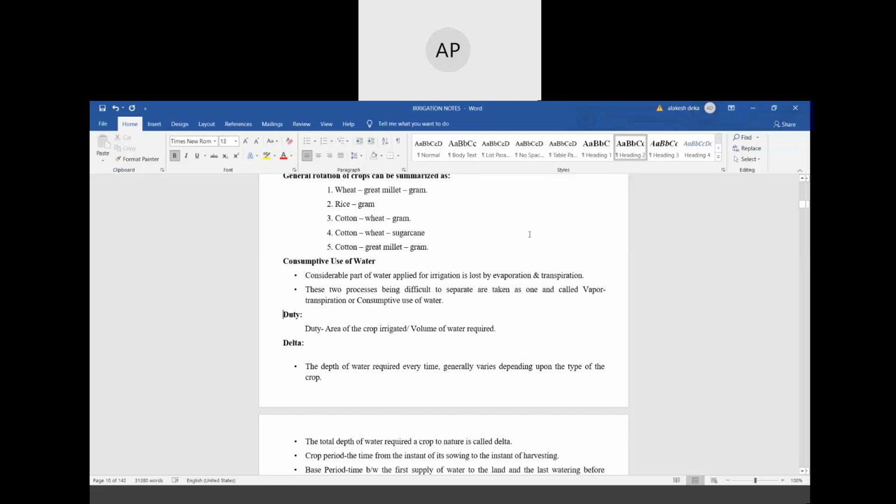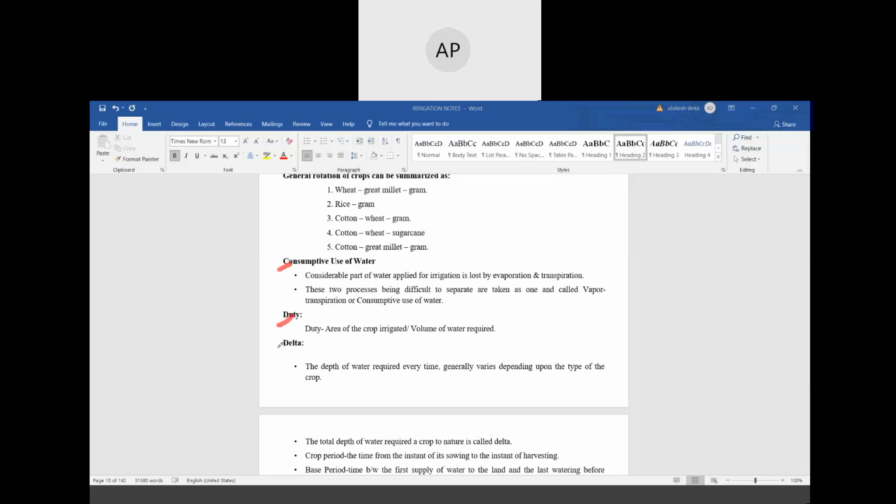These two processes, being difficult to separate, are taken as one and called evapotranspiration or consumptive use of water. Next is duty. So these are the important definitions.